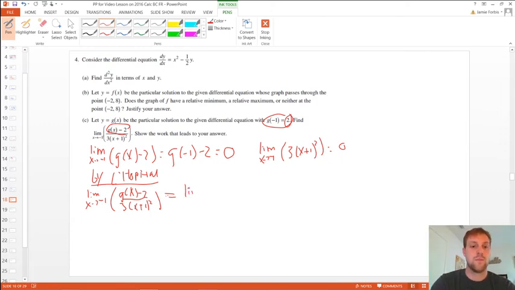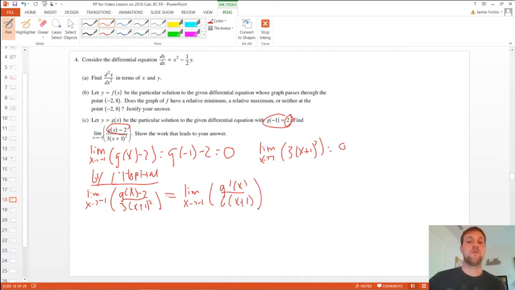This is equal to the limit as x approaches -1 of g prime of x over 6 times (3x plus 1). Then you plug -1 into that.